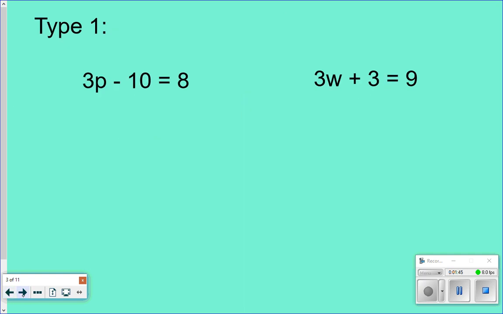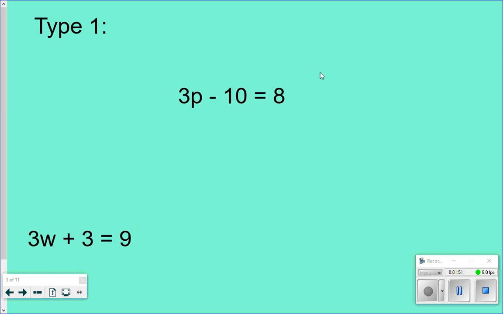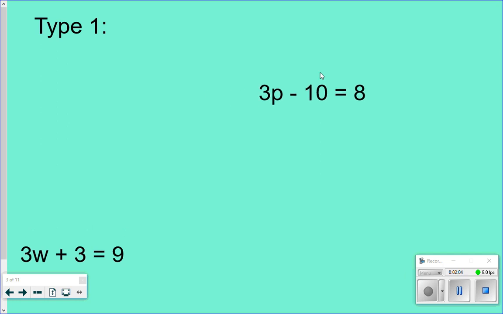So let's talk about type 1, okay? Let's just do them together, and then I'll let you do some by yourself. So I have 3p minus 10 equals 8. Is anybody a step person? Anybody like when I write steps down, like what to do first? Okay, so I can do that for this if you want me to. All right, so step 1: adding or subtracting.